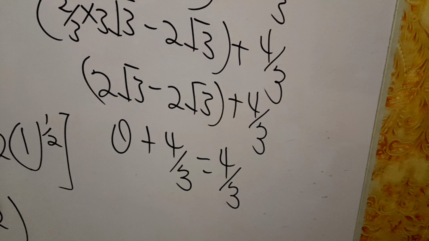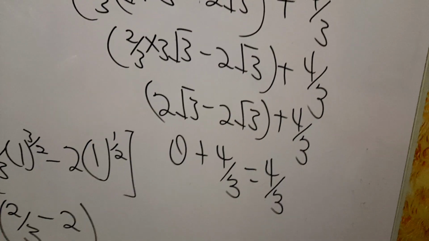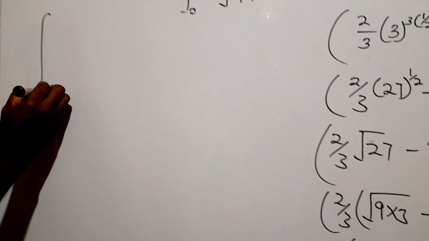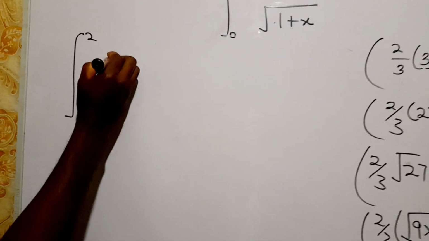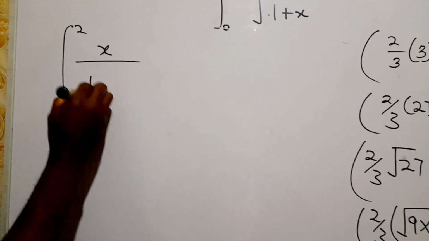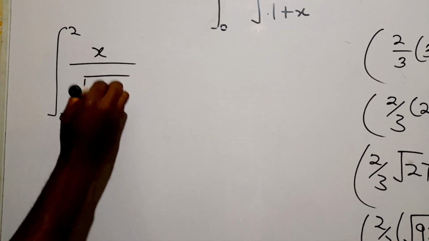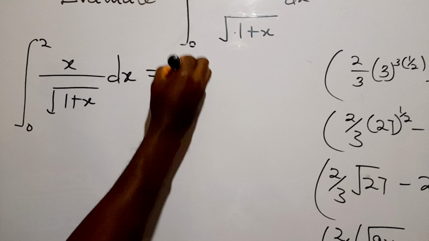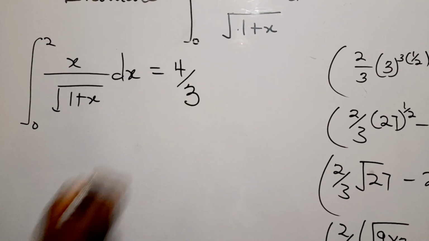So we can conclude that our problem, that's the integral spanning from 0 to 2 of x over the square root of 1 plus x dx, is equal to 4 over 3.